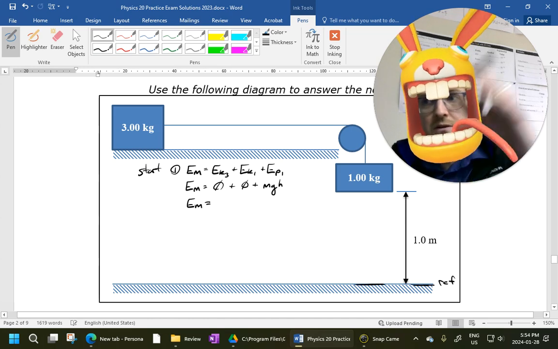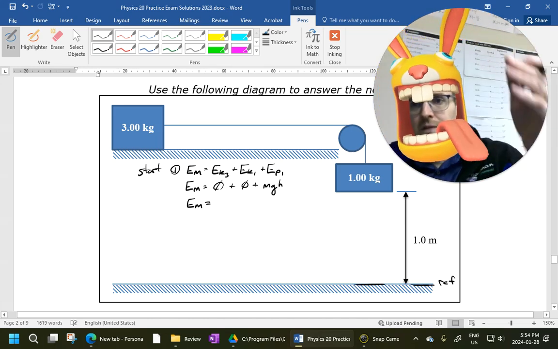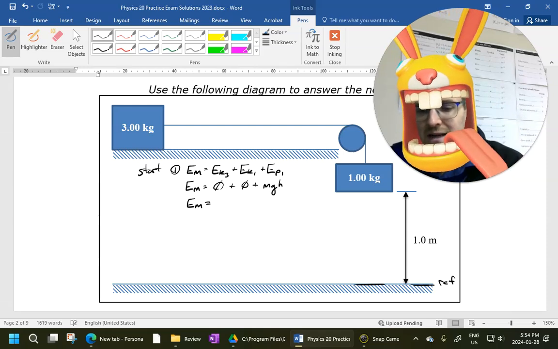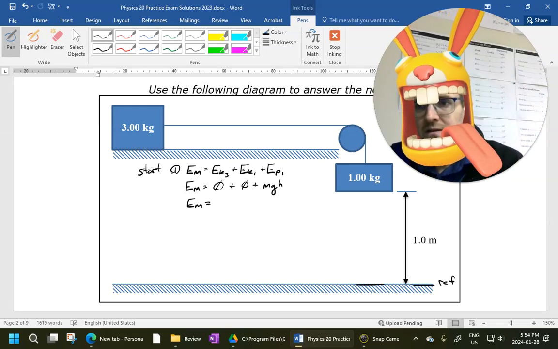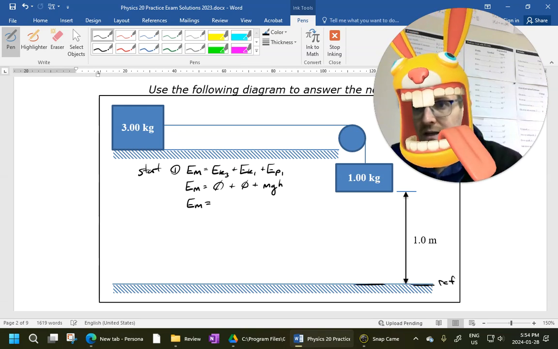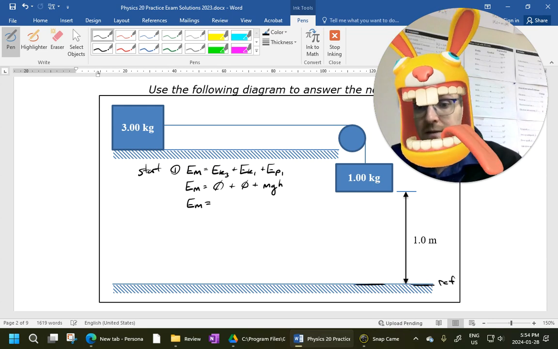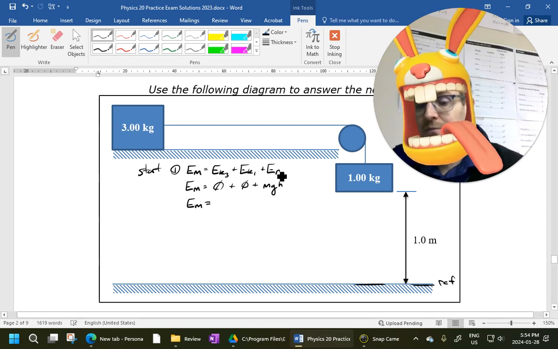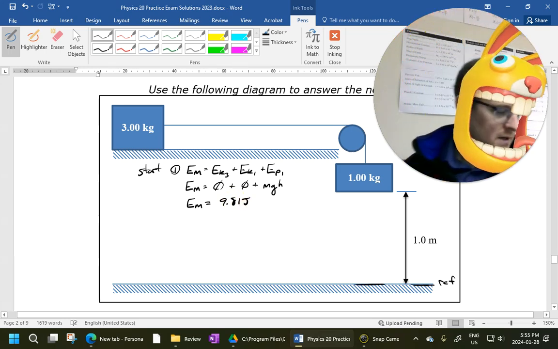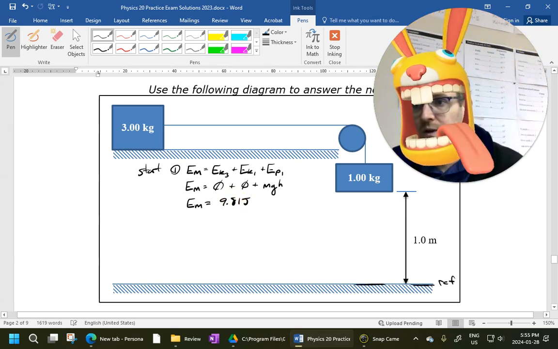If I want to include the 3 kilogram block, I could, but it doesn't change. So when I do some minusing later on, I'm just going to minus the number from itself. So 1 kilogram times 9.81 times 1 will give me 9.81 joules. Okay, so that's the total energy we have to start off with.